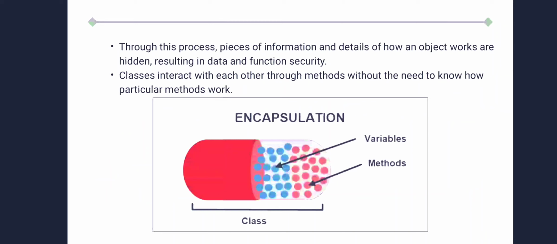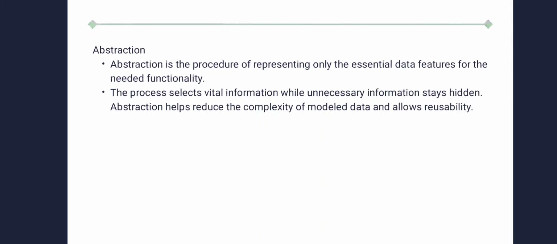Encapsulation means different types of objects, different types of methods or variables are encapsulated, like different types of people locked into one single room. That is known as encapsulation, like a tablet. What is abstraction? Abstraction means hiding irrelevant data.